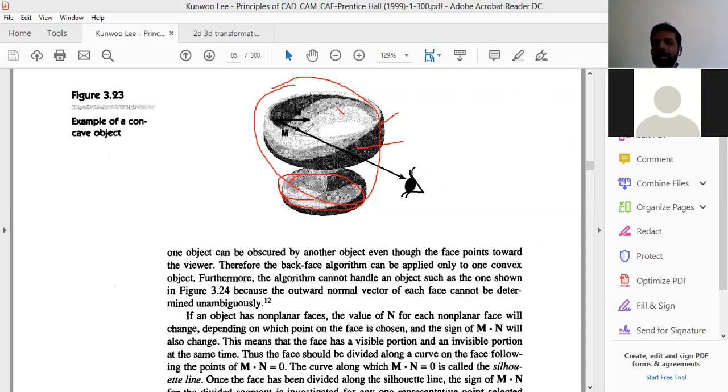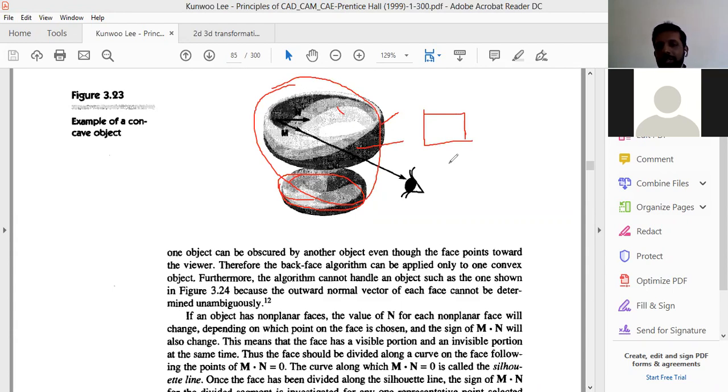But if it is concave or convex, it becomes very difficult for it to identify whether it is going to be hidden or visible, because this algorithm works only for a face that has a plane surface, not convex or concave curvature shapes. It does not work on that. So this is one disadvantage of this algorithm.